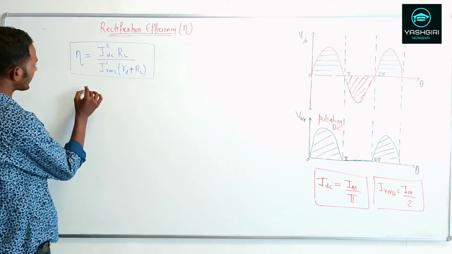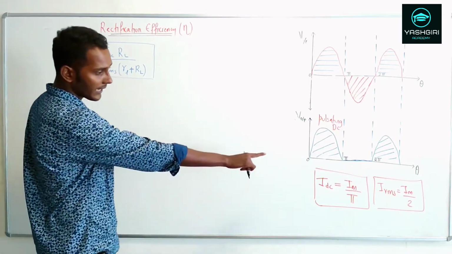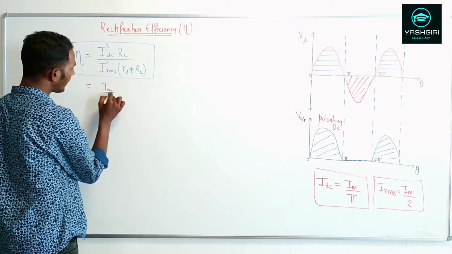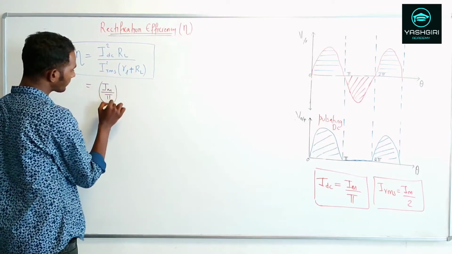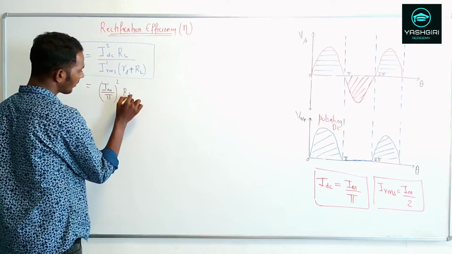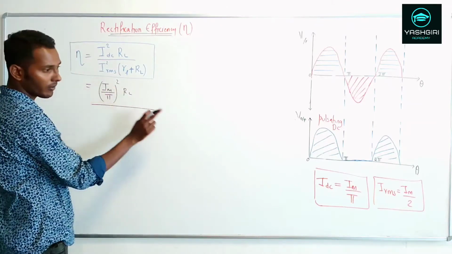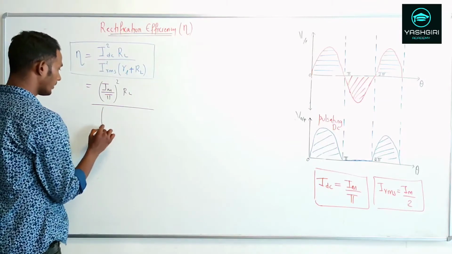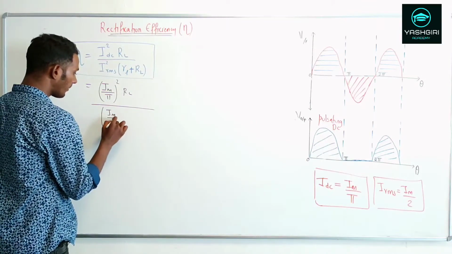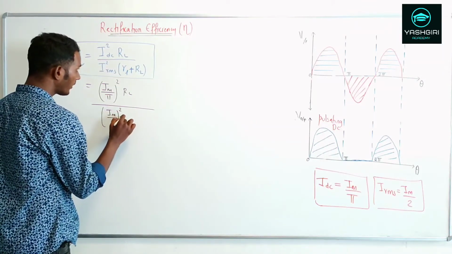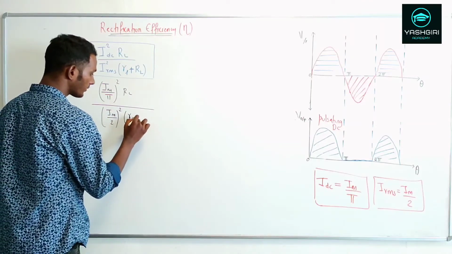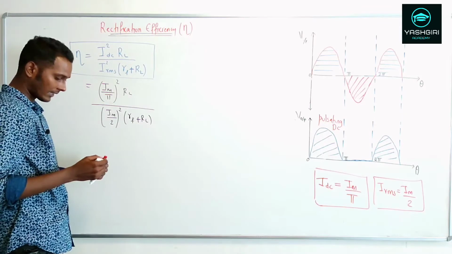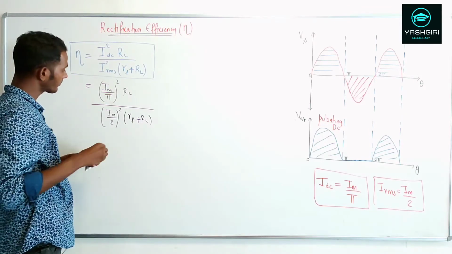What I know is IDC is Im by pi. So here I'll get Im by pi the whole square into RL divided by IRMS square, which is Im by 2 the whole square into RF plus RL. Now here Im and Im will get cancelled.